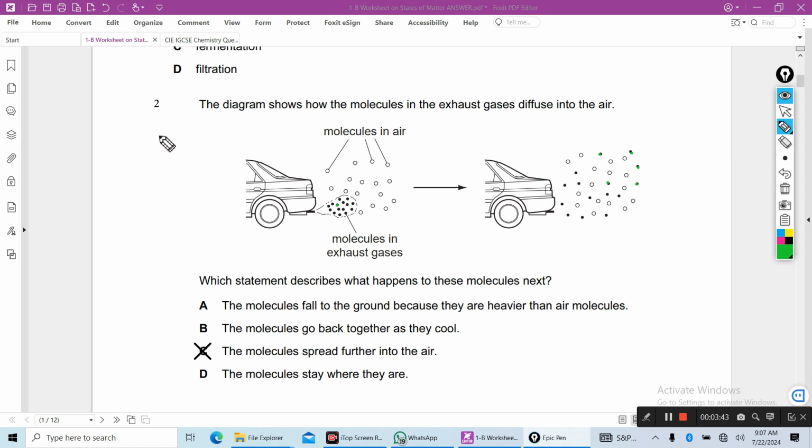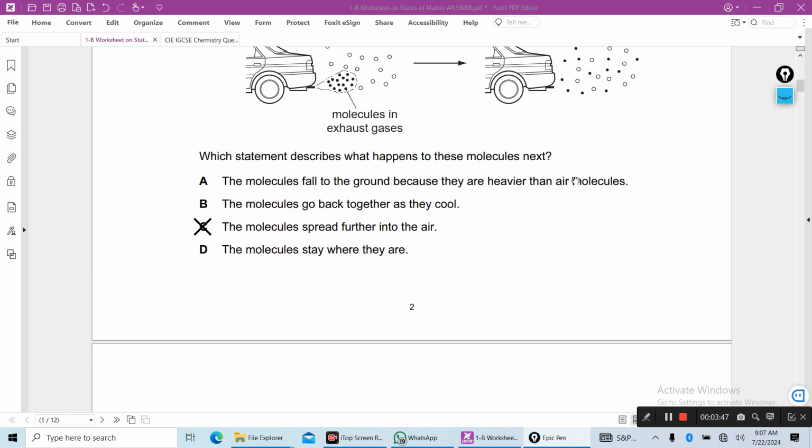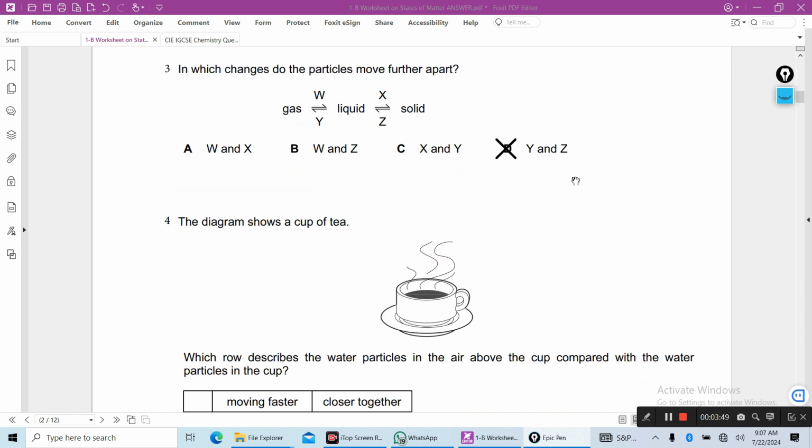Next, number 3. In which changes do the particles move further apart? Further apart means far apart. So D is the right answer. Why D? Y, liquid to gas. Yes, liquid particles are close to each other and gas particles are far apart. So Y is the right answer.